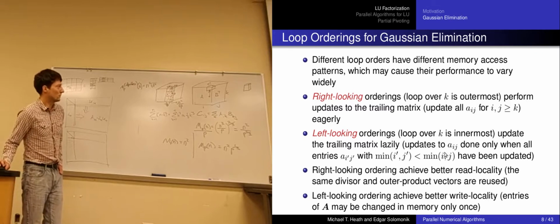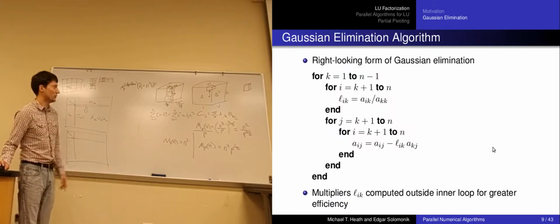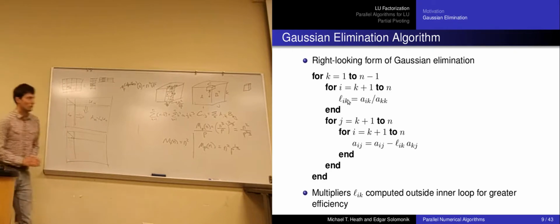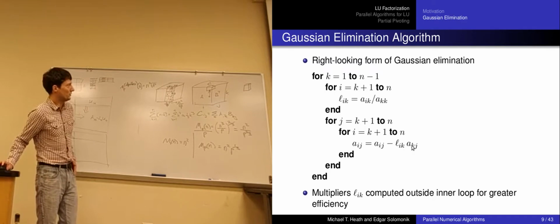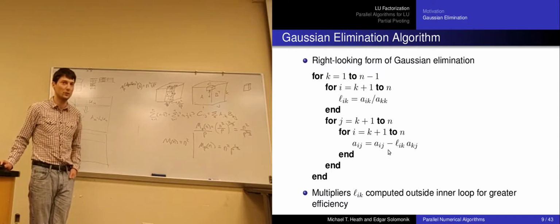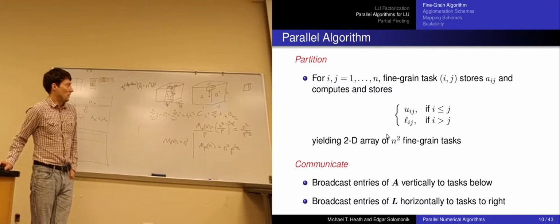Okay, so to some extent, these are associated with read locality and write locality, although this gets better write locality for L and U entries, so that could be not substantive. Okay, so this is, again, the right-looking version of the algorithm, and we can pre-compute all of these factors, and now this really looks like an outer product update, where we're not doing the division every time anymore.